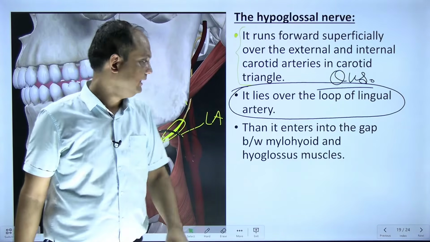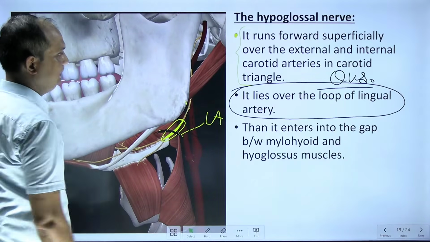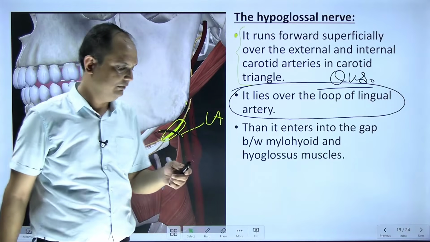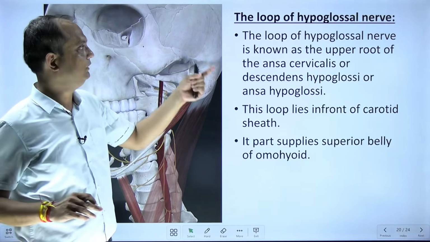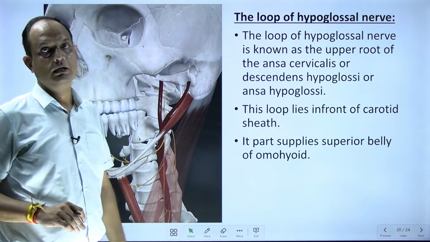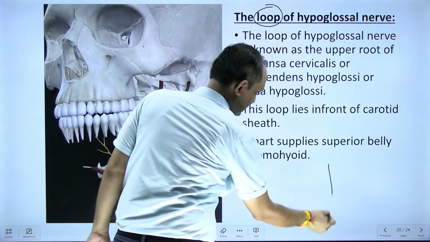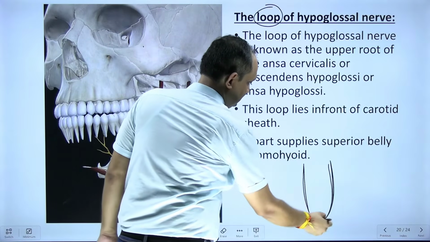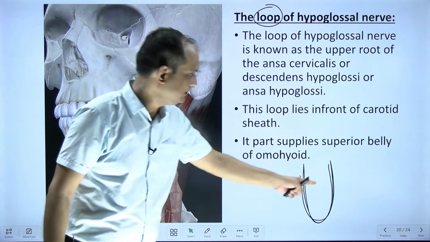hypoglossal nerve. Now ultimately when you go anteriorly, this nerve will enter into the gap between the mylohyoid muscle and hyoglossus. Now this hypoglossal nerve will give a loop. This is a lower loop, that means the extension like this. Clear? Now this loop is known as Ansa cervicalis, which has two parts.